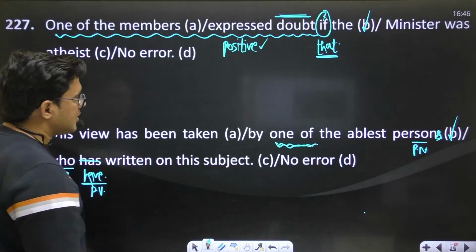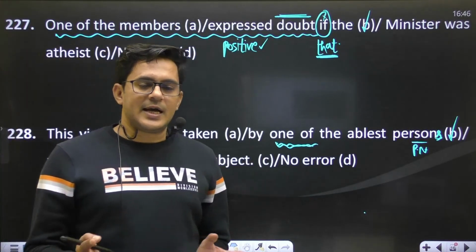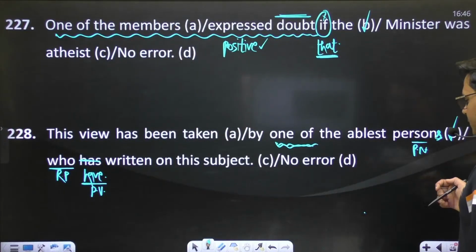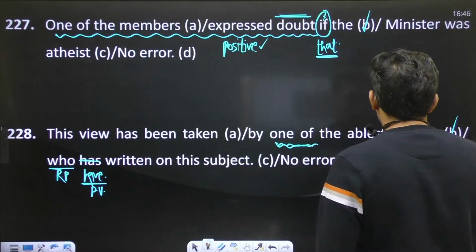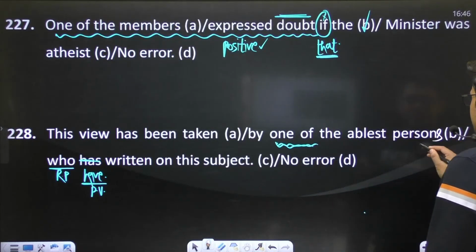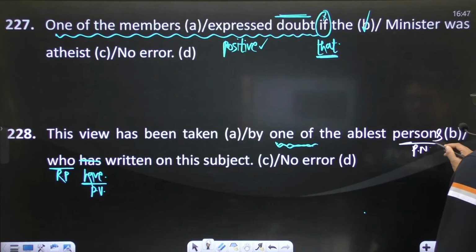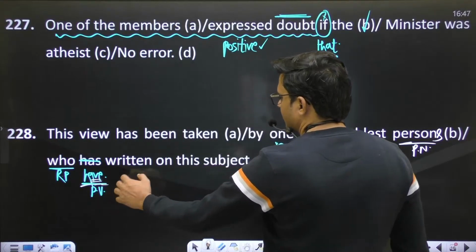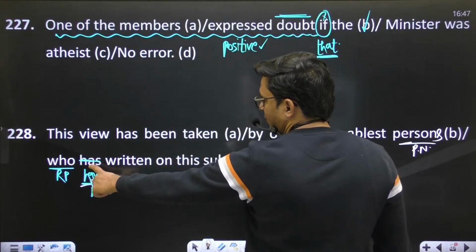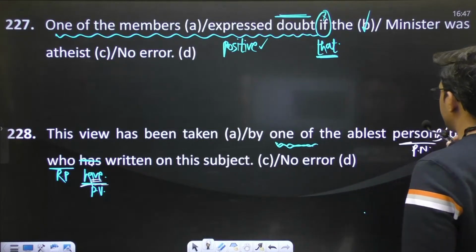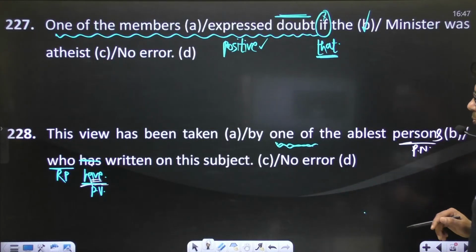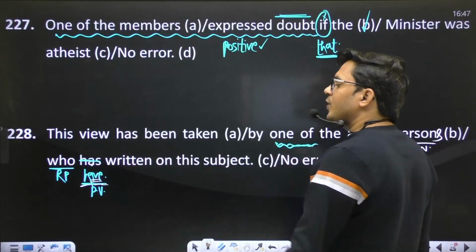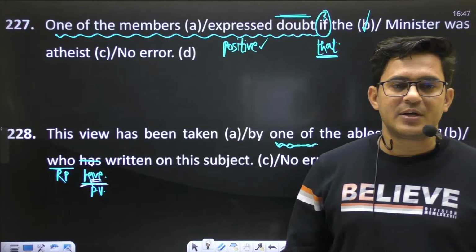So I think this sentence has a typing mistake. If plural noun is here, then according to this plural noun, a plural verb must be there. So it should be either have over here or persons over here. So this is a typing mistake. Either there must be persons or there must be have. Then we can find an error in one part.